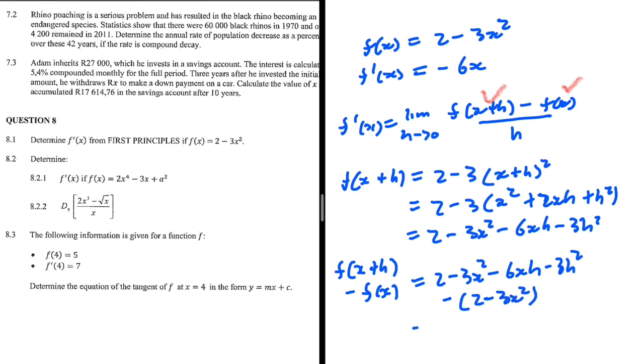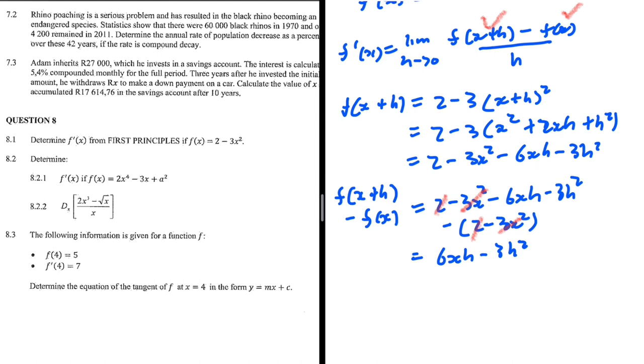Okay, so this is going to be equals to 2 minus 2. 2 minus 2 is 0. And then minus 3x squared minus 3x squared, so that's going to be plus. So look at this. 2 minus 2 will give us 0. And then minus 3x squared plus 3x squared will give us 0. So we are left with minus 6xh minus 3h squared.